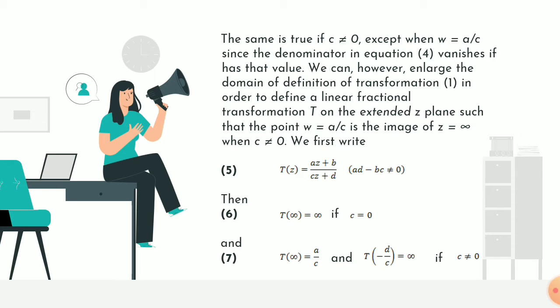We first write T(z) = (Az + B)/(Cz + D). Then T(infinity) = infinity if C equals 0. And T(infinity) = A/C, and T(-D/C) = infinity if C is not equal to 0.